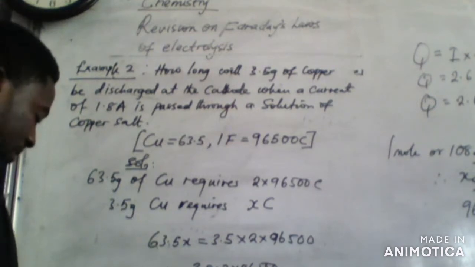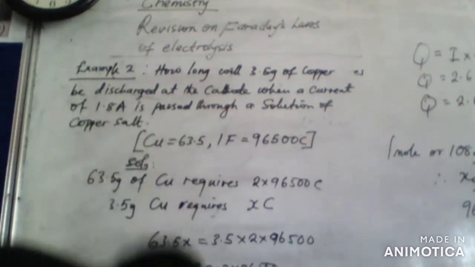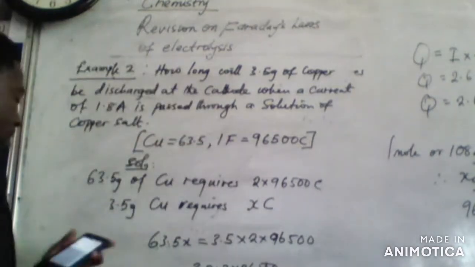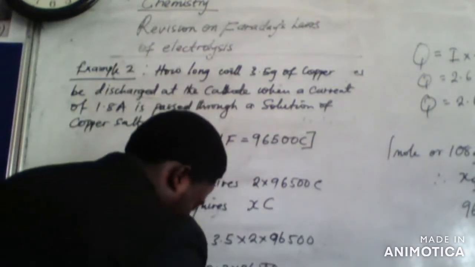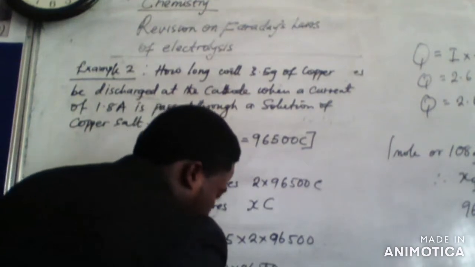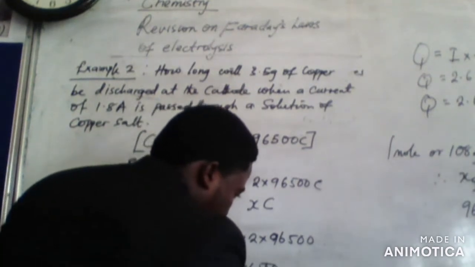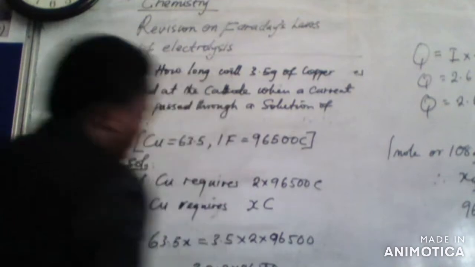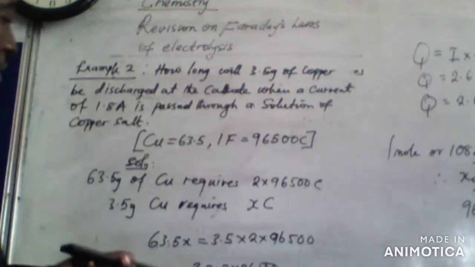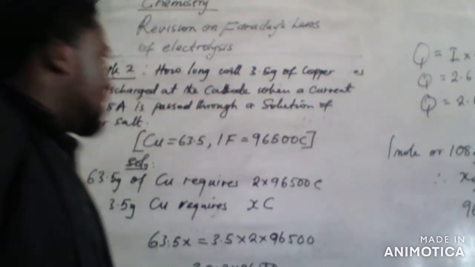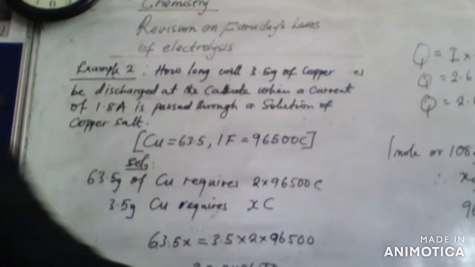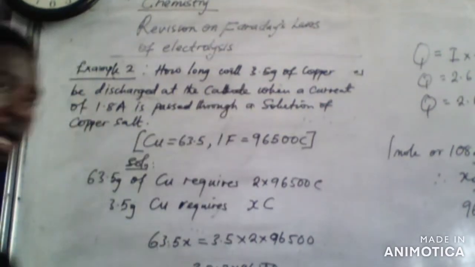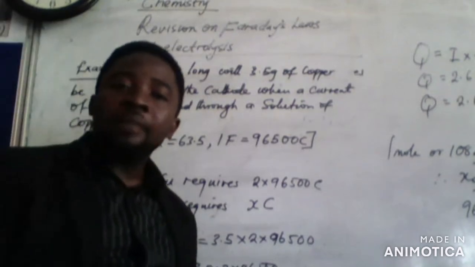So that will give me 10637.8 approximately. I have an approximate value of 10637.8 coulombs of electricity. So this is the quantity of electricity that discharged 3.5 grams of copper. So from here, I can now find how long. How long simply means the time taken.